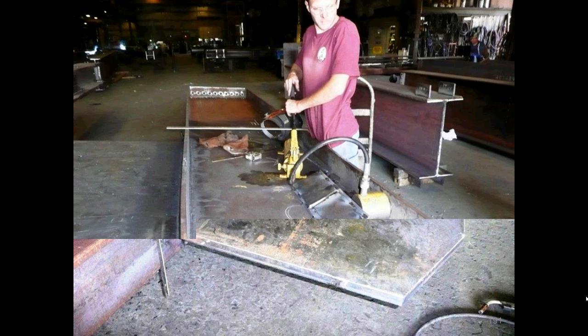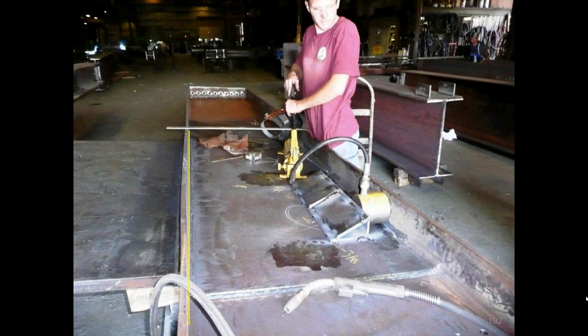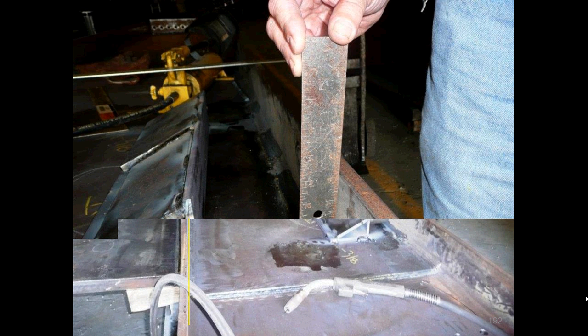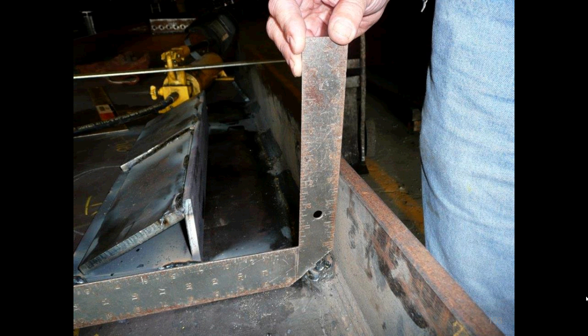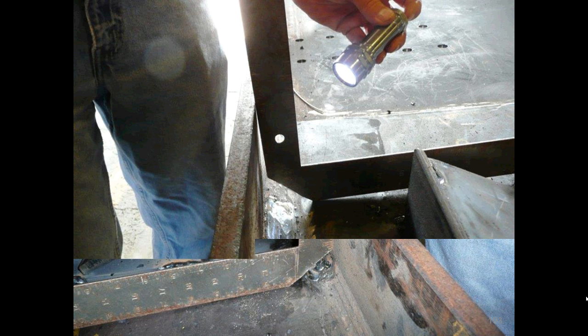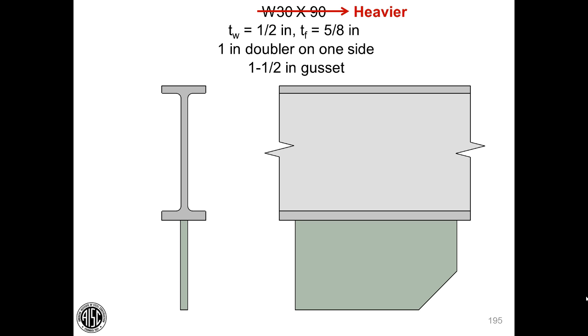The angular distortion is noticeable, and all of this could have been avoided if a heavier column section or beam section had been selected. A heavier section could probably have eliminated both the doublers and the stiffeners. So this one became an ugly example simply because the commercial realities of welding and distortion were not considered.